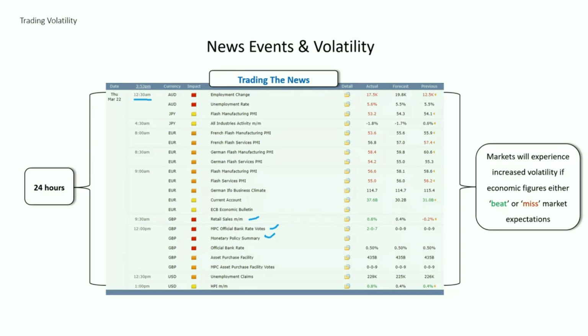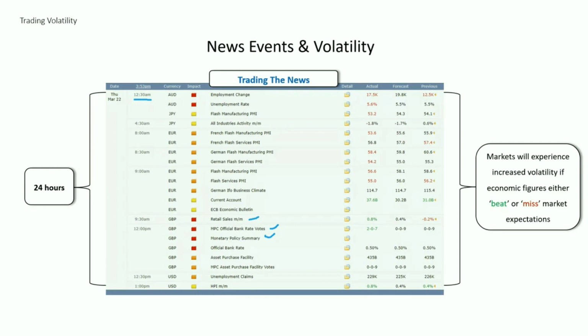In terms of the news events and volatility, we can see by observing the forecasts on the right-hand side over daily news events, we have an actual figure or a forecast, and markets will experience increased volatility if economic figures either beat or miss market expectations.